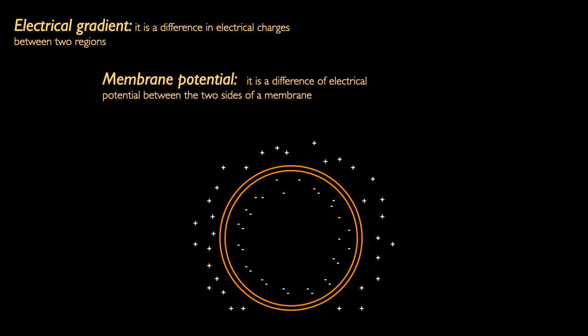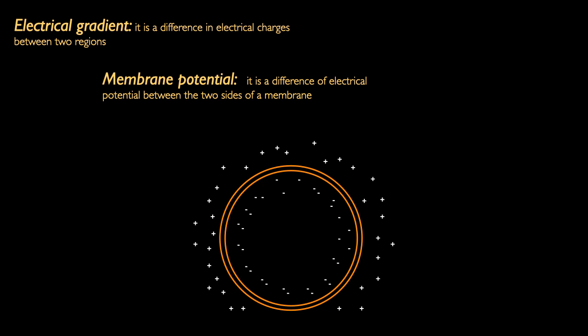This is going to create an electrical gradient, meaning that the positive ions outside are constantly pushing to move inside and vice versa. Because they can't move freely, an electrical difference exists between the inside and the outside, and this will create what we call a membrane potential.